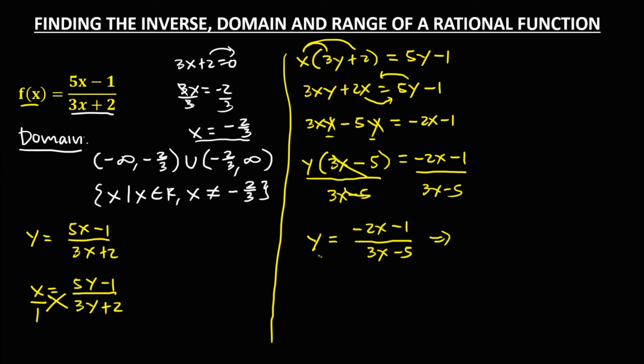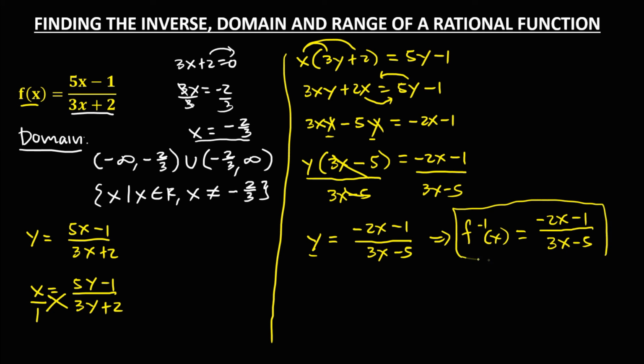Then change this y to the inverse of f of x. So it equals negative 2x minus 1 over 3x minus 5. So this is now the inverse of the given rational function.